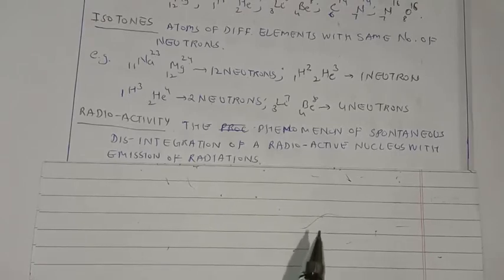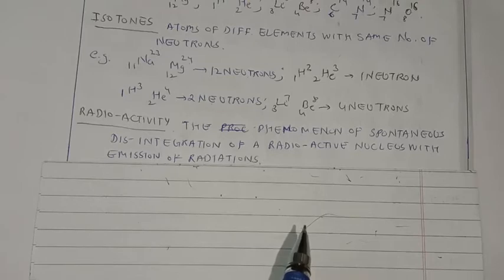Radioactive means the atoms of such elements start breaking themselves, due to which, in this process of breaking, or disintegration, they not only break up to form lighter nuclei, but along with this they also eject some radiations from them.